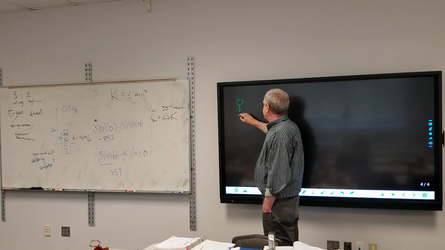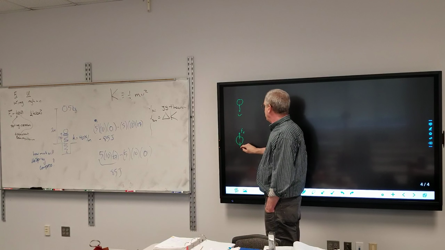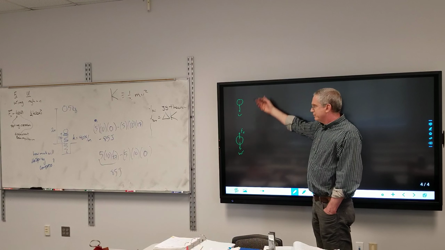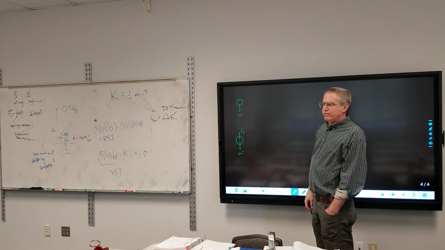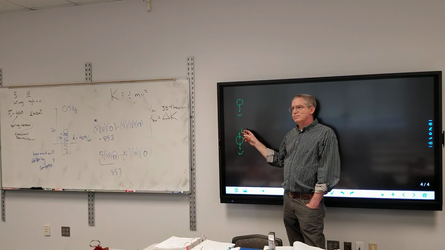So I have weight acting down for the first part, and for the second part, I have an elastic force acting up and weight acting down. Are all these forces conservative, or any of them non-conservative? The elastic force? Yes.